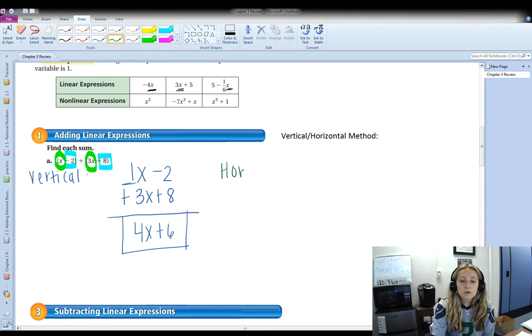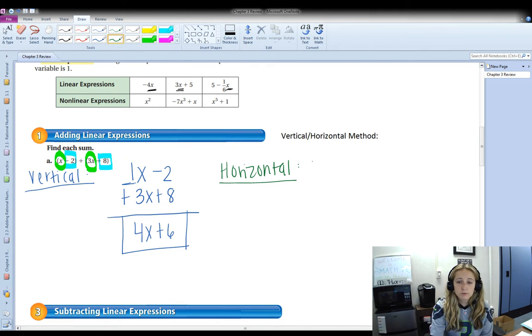The horizontal method is similar to what we did above, but first rewrite it as a sum of terms, okay? So I'm going to write x, and rather than writing minus 2, I'm going to write plus negative 2, and then plus 3x and plus 8, okay?